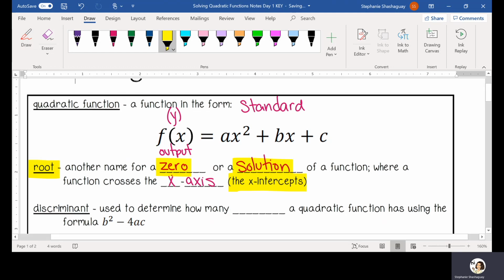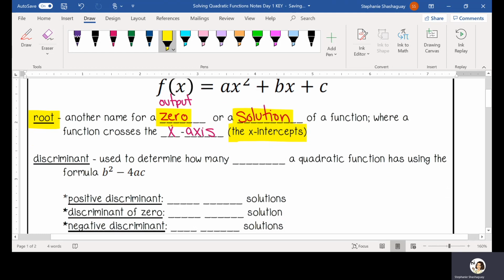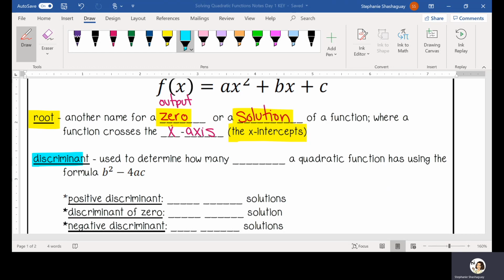Okay, so there's this thing called the discriminant formula, and that's used to determine how many roots or solutions or zeros a quadratic function has using the formula b squared minus 4ac.